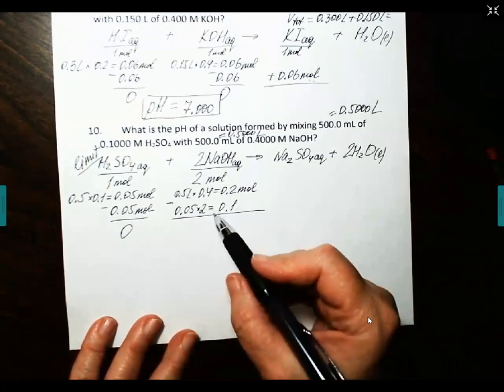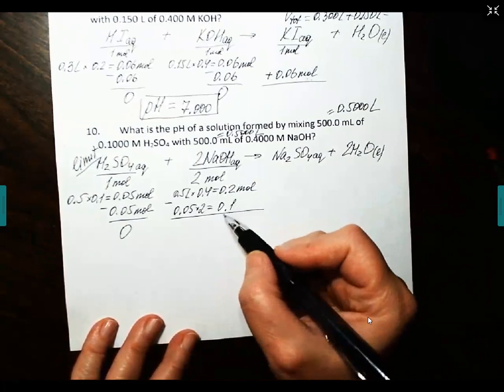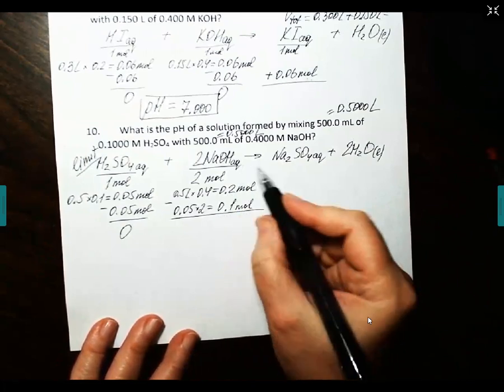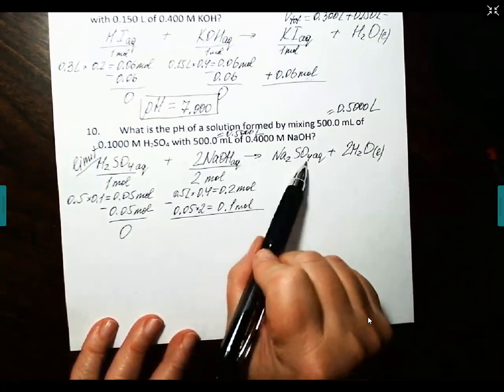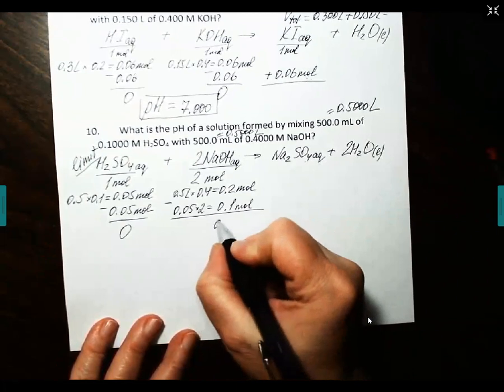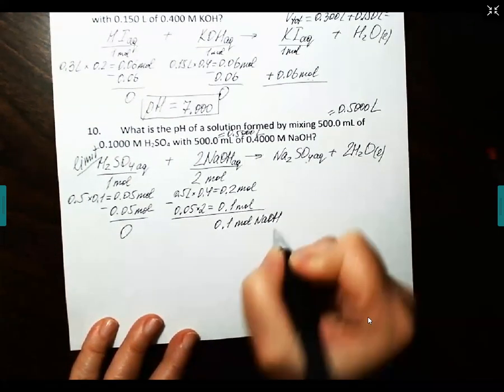Now let's calculate this excess. We have initially 0.2 moles, 0.1 mole will be consumed in the reaction, so will be converted into sodium sulfate, and 0.1 mole of NaOH will be left.